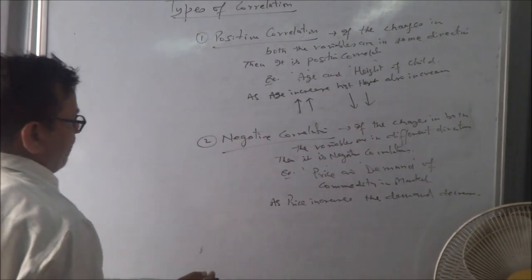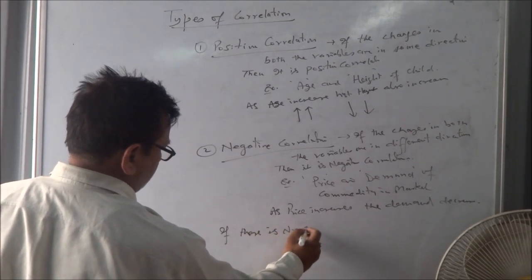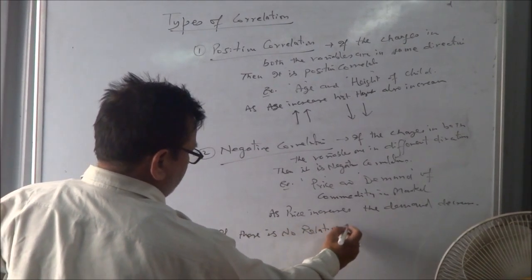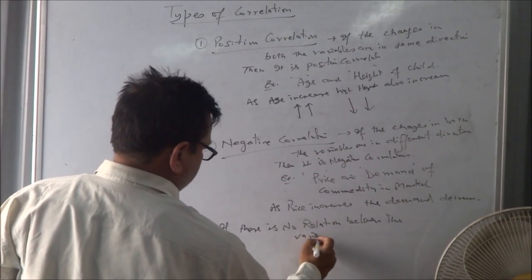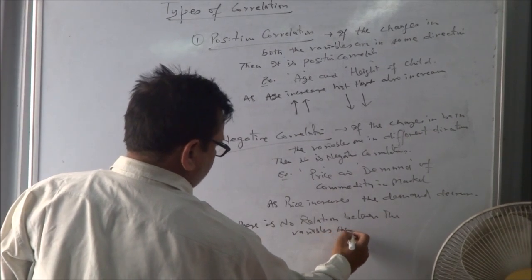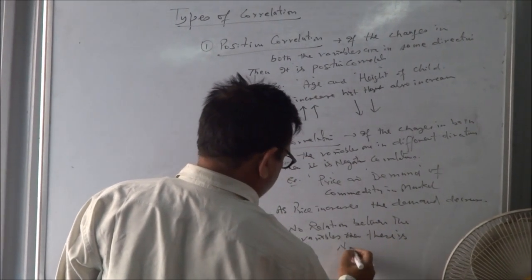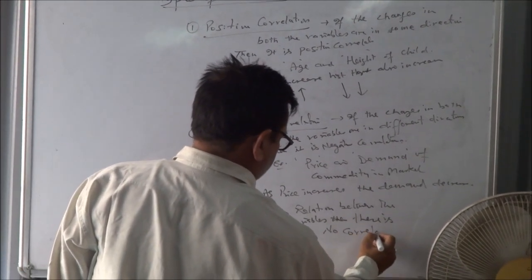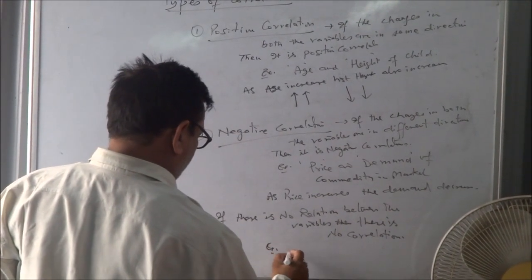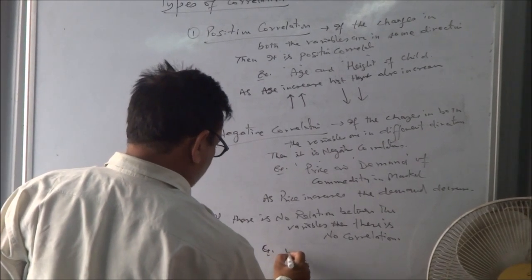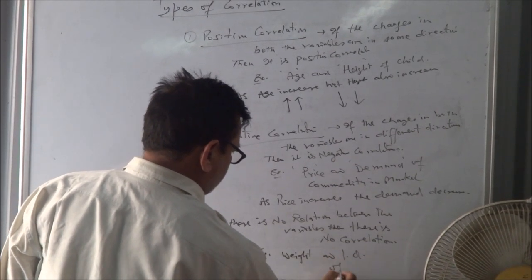And if there is no relationship between the variables, this is called zero correlation. For example, weight and IQ of a person.